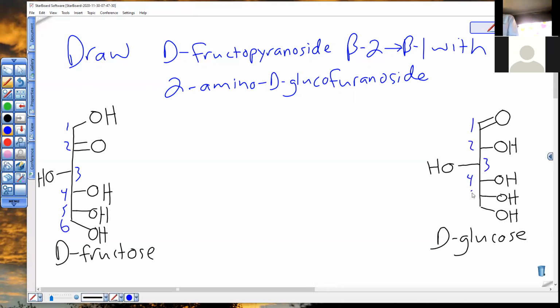And I think this is going to be our first example where the two anomeric carbons are linked up together. And I'm going to let you do all the steps on your own. And you should get to this right here when you do the ring for fructose. And it's a fructopyranoside.